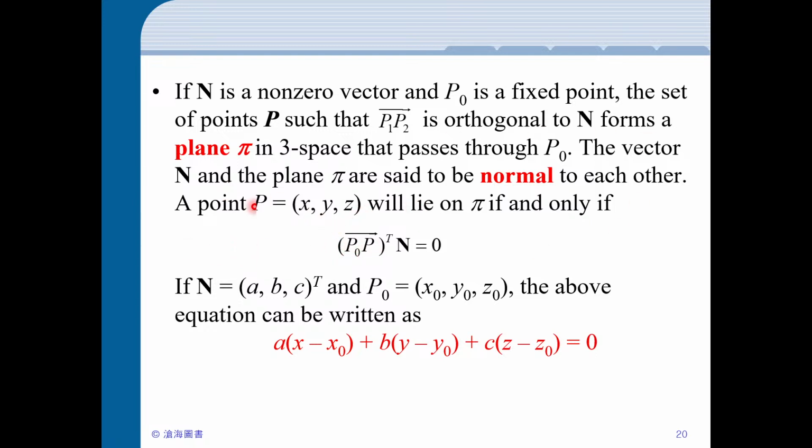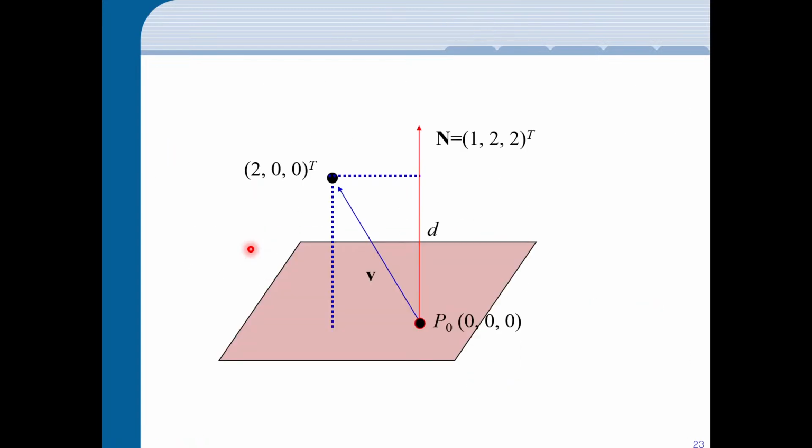If the point is p of x, y, z, we take the vector from your fixed point to your new point, and its inner product with your normal vector should be 0, because that's how we define it. So you have whatever point p1 here, and the vector p0 to p1 should be orthogonal to n. That's how we define this plane.